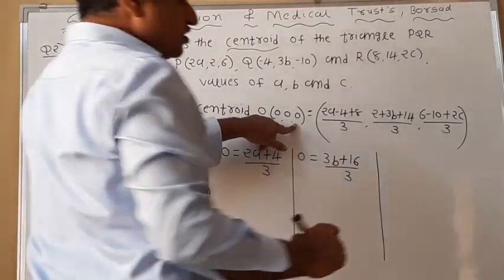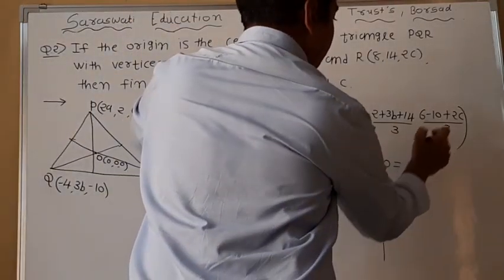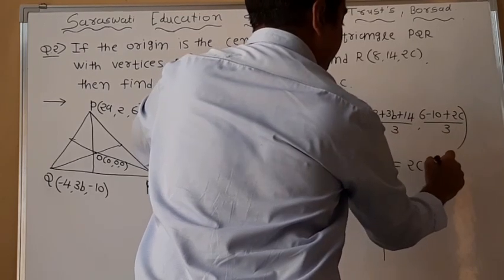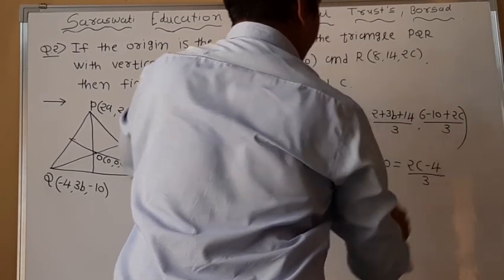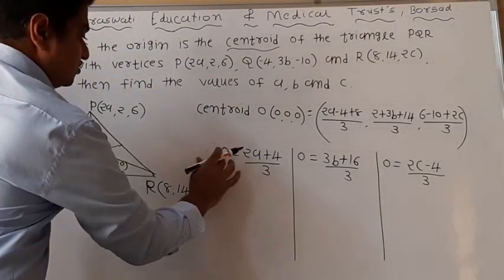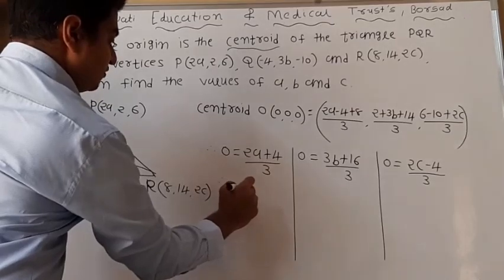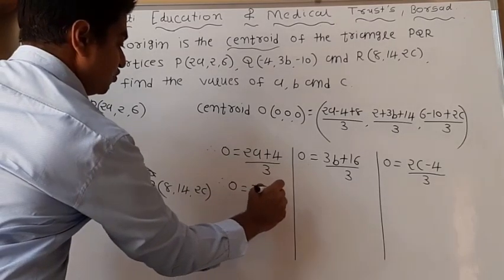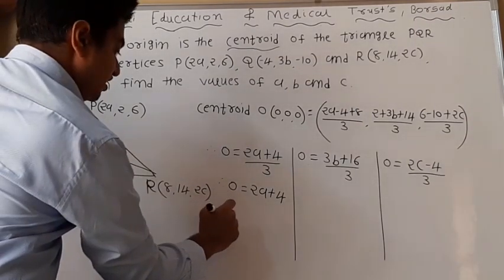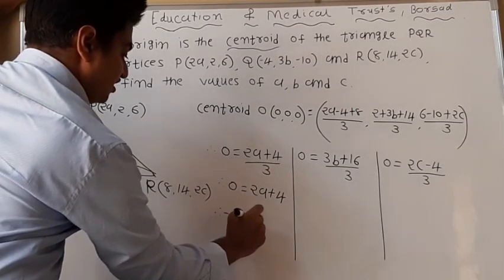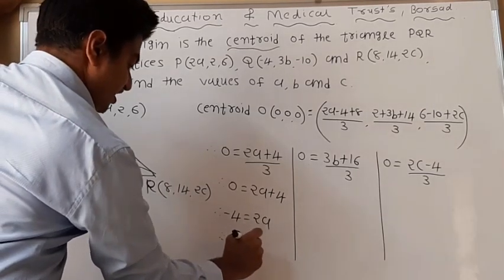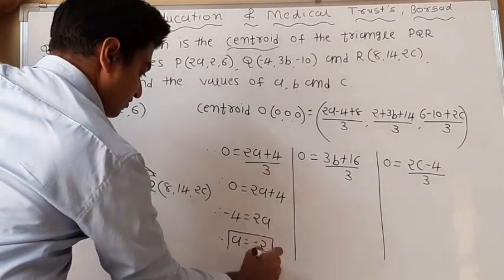And third term, 0 is equal to (2c + 6 - 10)/3, that means (2c - 4)/3. Now after simplifying, 3 into 0, that means 0 is equal to 2a + 4. Writing 4 on the opposite side, minus 4 is equal to 2a. Now dividing, a is equal to minus 2.